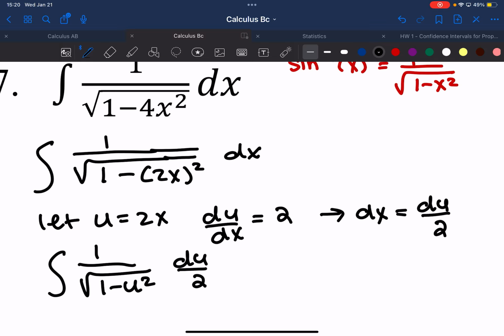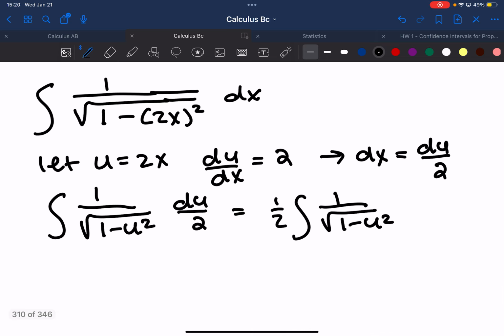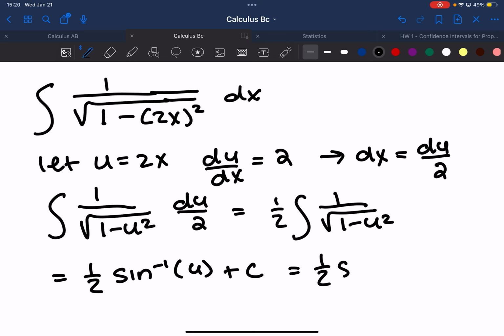I can move that divide by 2, which is a 1/2, to the outside, and I get 1/2 integral of 1 over the square root of 1 minus u squared. From here, since I know my inverse trig, I can take the antiderivative, which is going to be equal to 1/2 inverse sine of u plus c. And then I just plug u back in, and I get 1/2 inverse sine of 2x plus c.